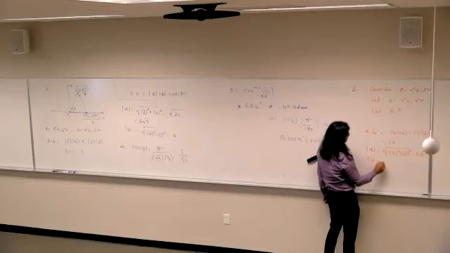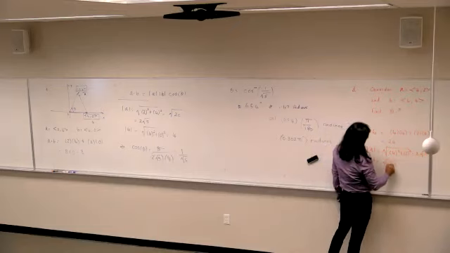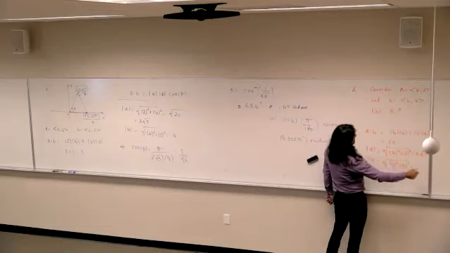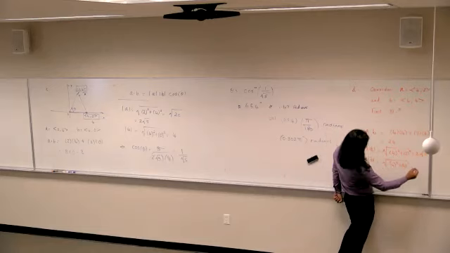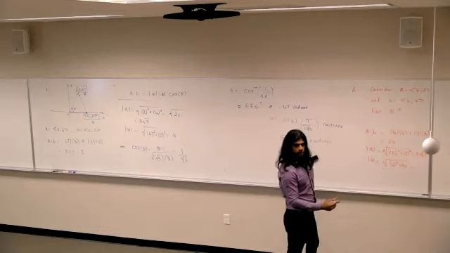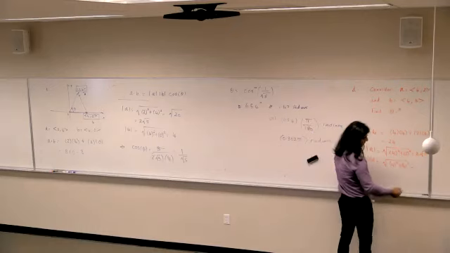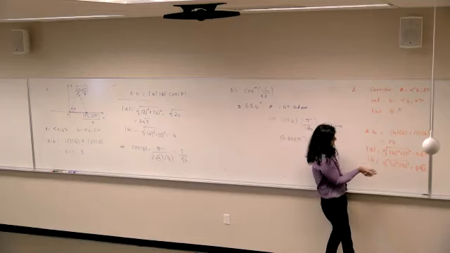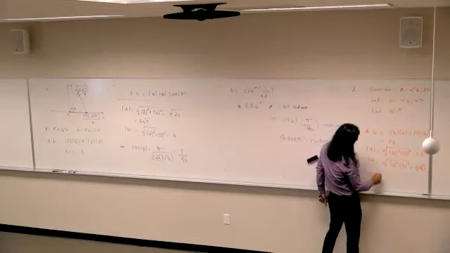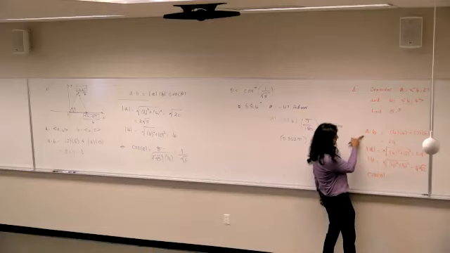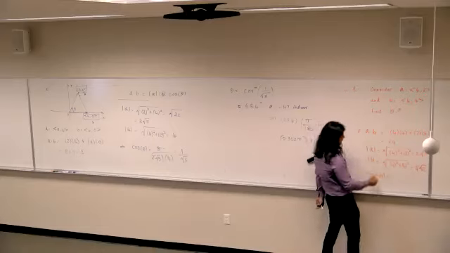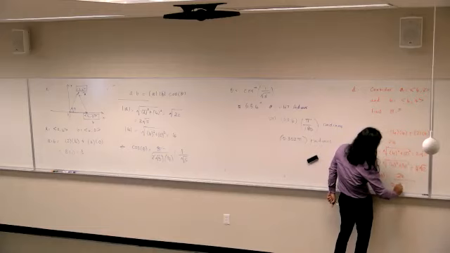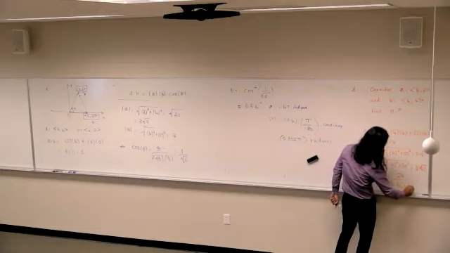Magnitude of B: 4 squared plus 4 squared, four root two, the square root of 32. Yes. And cosine of theta is A dot B divided by the product of these two. So 24 divided by 2 root 5 times 4 root 2.